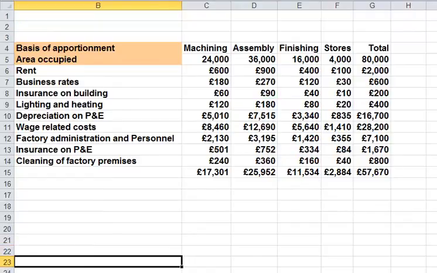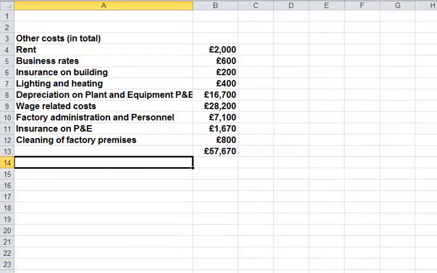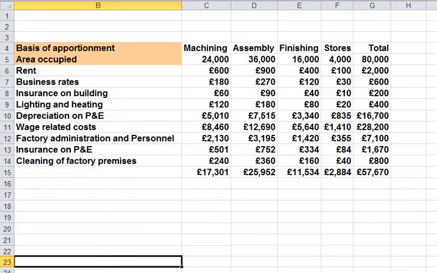Now, if you look at the different fixed costs, the ones mentioned earlier, we have 600, 200, 400 and so on. Now we can apportion that £600 business rates on the basis of area. So 24,000 divided by 80,000 times 600 for business rates is 180.